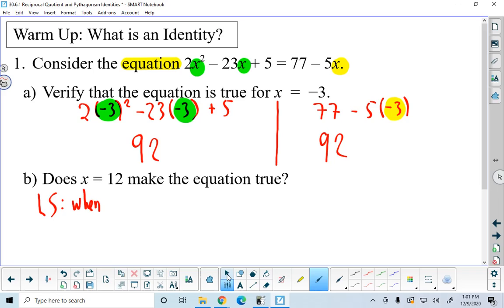I'm just going to write when x equals 12, what does the left side equal? On the right side, when x equals 12, what does the right side equal? And you can work that out for me, please. I'm going to want two numbers here. I'm going to want a number for the left side and a number for the right side.